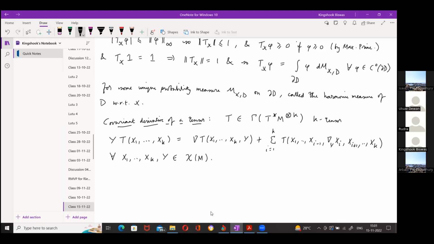Actually, if you want to think geometrically, how do you define the covariant derivative of a tensor? What you can think about is this.